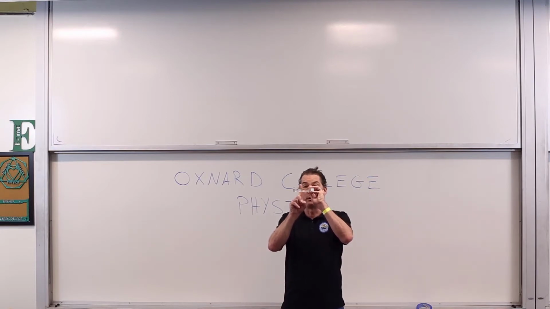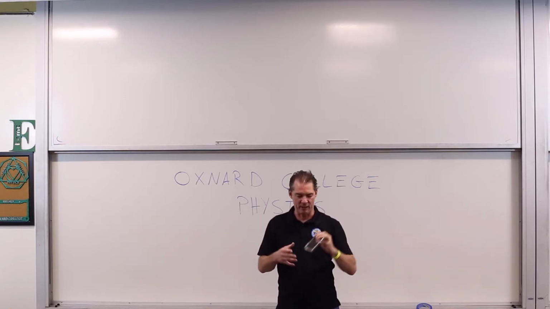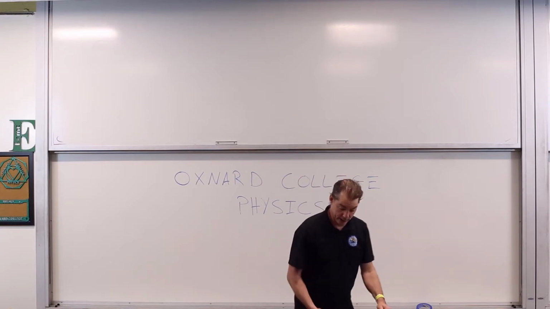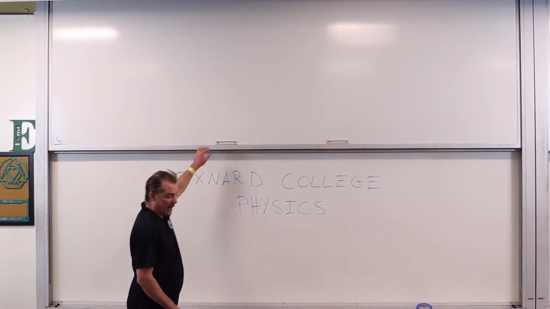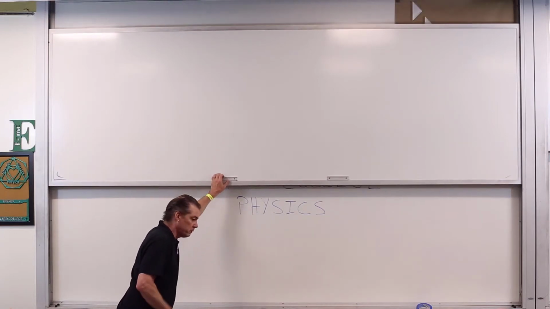And that has to do with refraction. So it looks like I've basically changed the location of my finger, but that's not what's really going on here. I'm just rotating the glass, and it changes how light interacts with the surface boundaries. So this is what we want to look at.